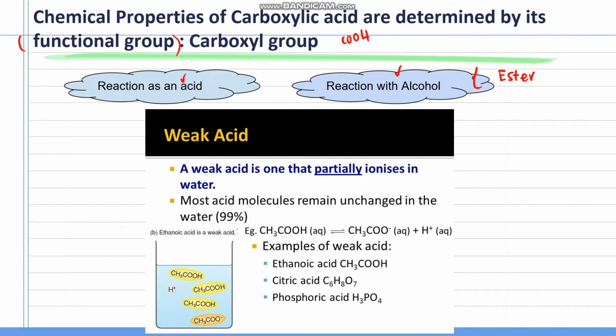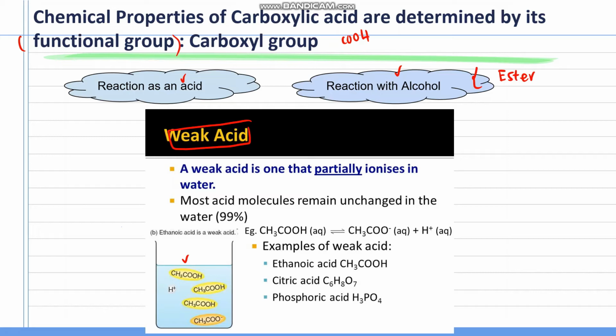Basically, carboxylic acid is a weak acid. So what is meant by weak acid? A weak acid is one that ionizes partially in water, which means it will not ionize completely in water. For example, ethanoic acid is a weak acid. In this case, most of the acid molecules remain unchanged in the water.